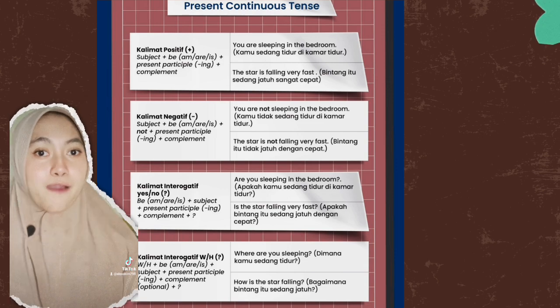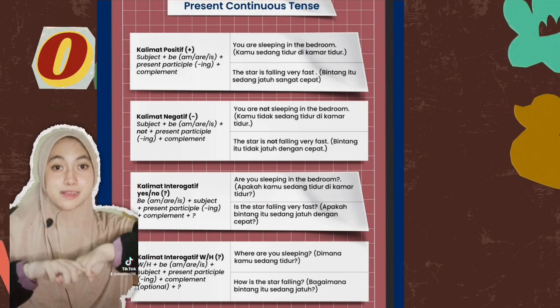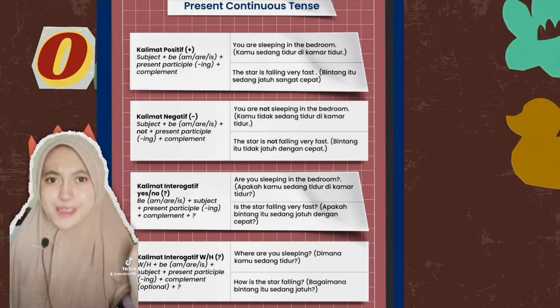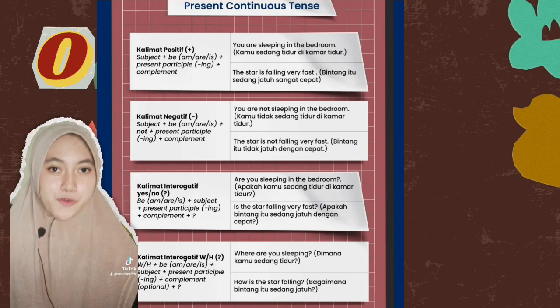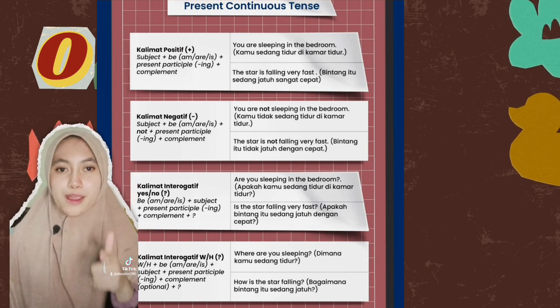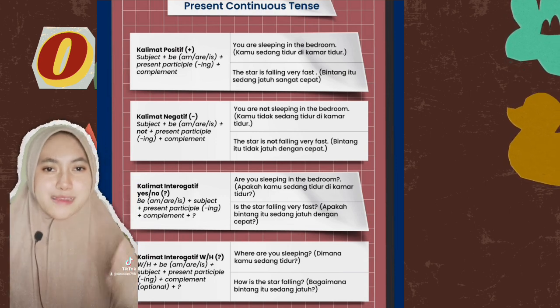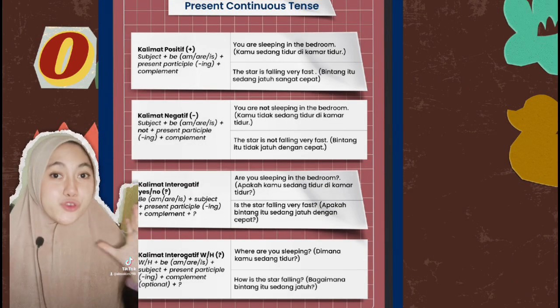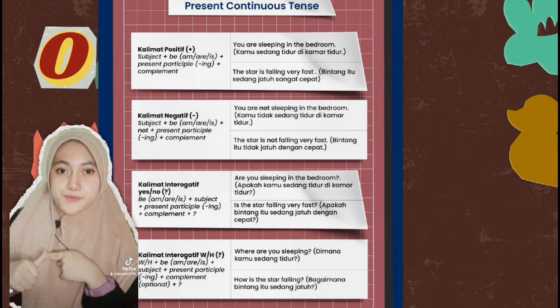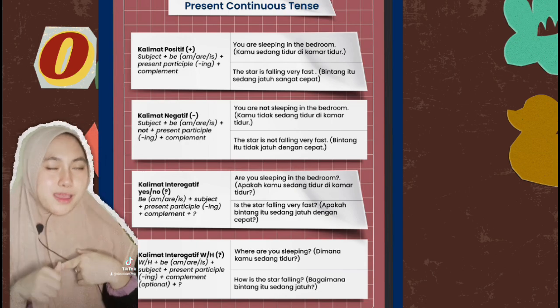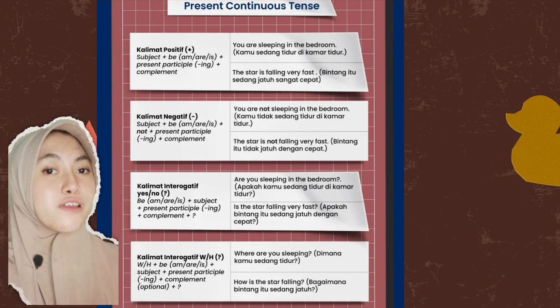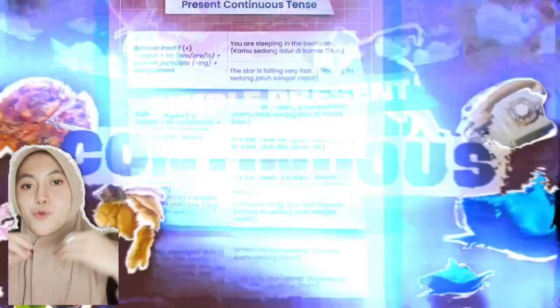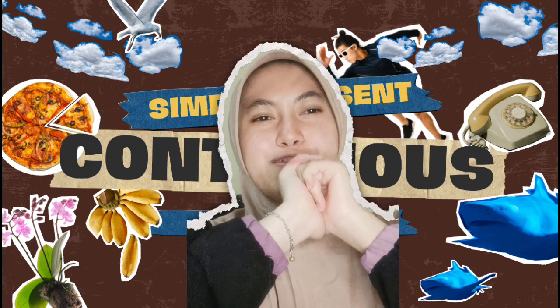Continuous tense has three kinds of sentence. What? Positive, of course, negative, right, and exactly interrogative. And interrogative is divided into two again. First is yes or no question, and then WH question. I think it's enough for today.